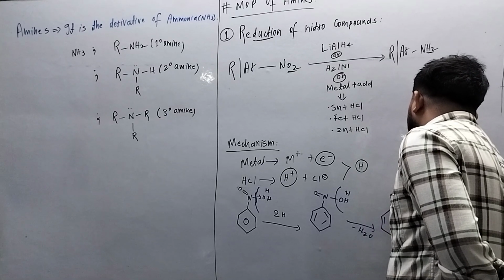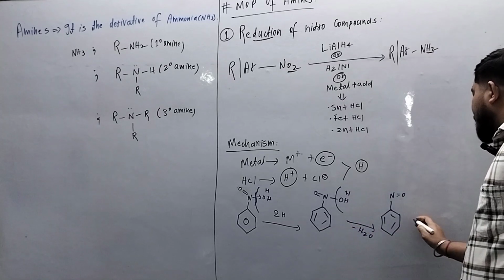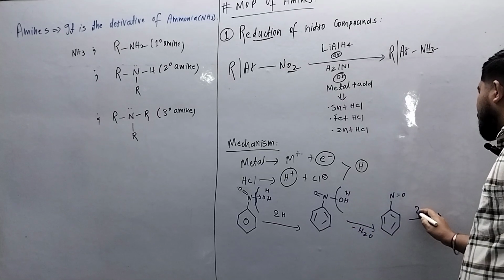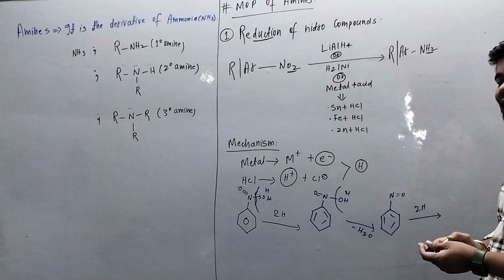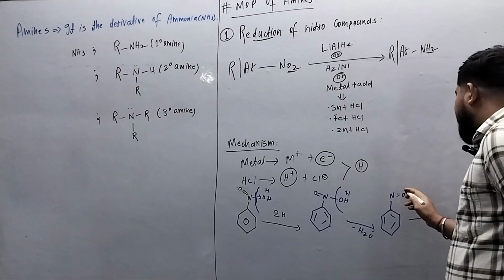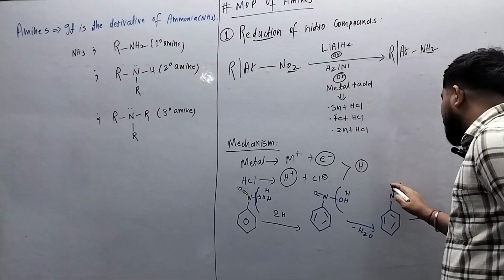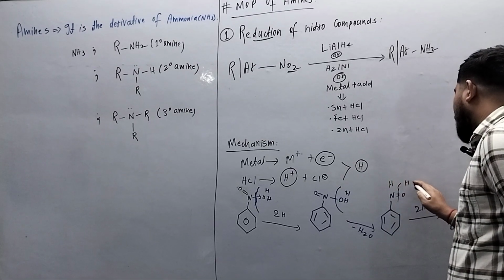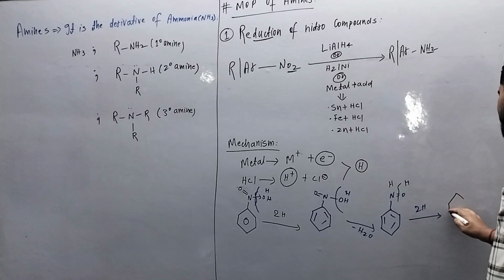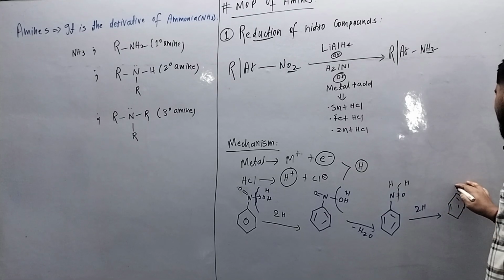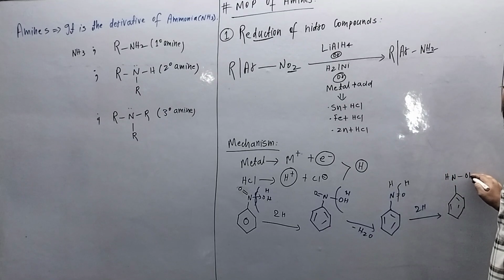With double bond O. In the next step, we will again add 2H. The 2 hydrogen will be added like that, and the product will seem like NH and OH.